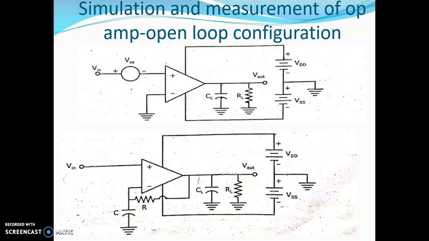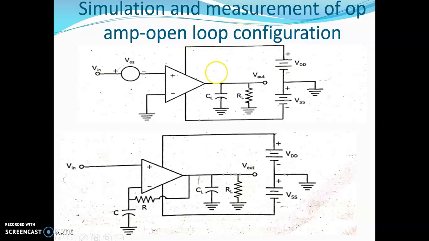By the simulation and measurement, we have to look at many specifications like open loop gain, open loop frequency response, input offset voltage, common mode gain, power supply rejection ratio, common mode input and output voltage ranges, open loop output resistance, and the transient response including the slew rate.